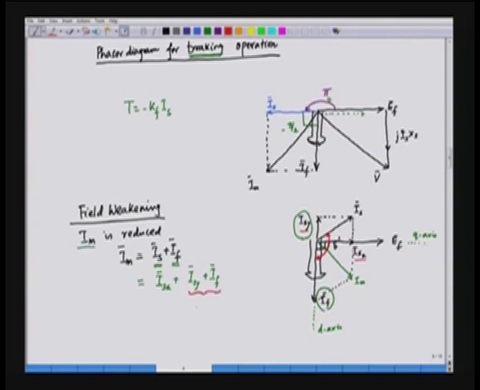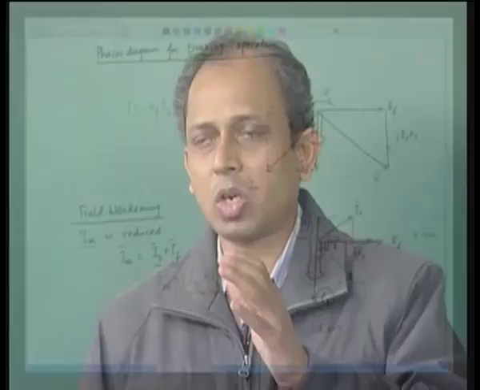Now, this is reduced. So, since this is reduced, we will have a reduced Im, and once the Im or the magnetization current is reduced, even with the increased speed, the terminal voltage will be constant.